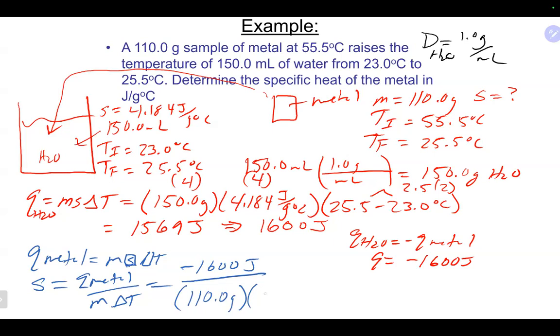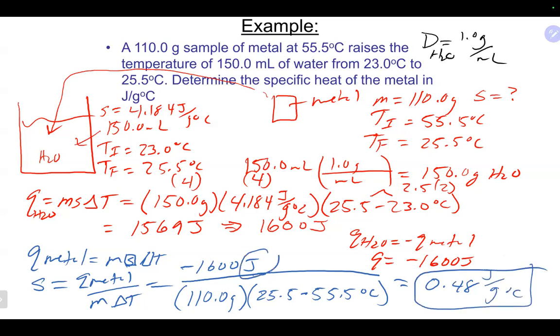So final is 25.5 minus initial 55.5 degrees Celsius. And if we do all that, it gets us a specific heat capacity for the metal that should be a positive 0.48 joules per gram per degree Celsius, as none of these units cancel. They all stay.